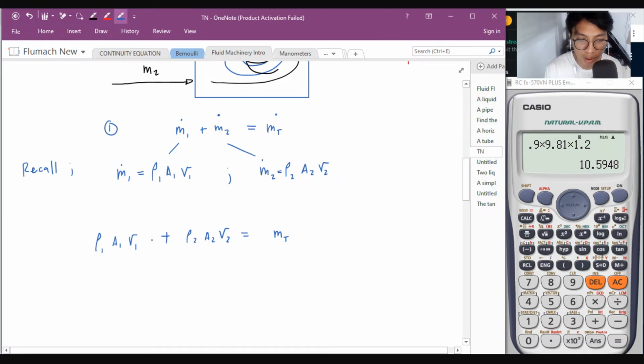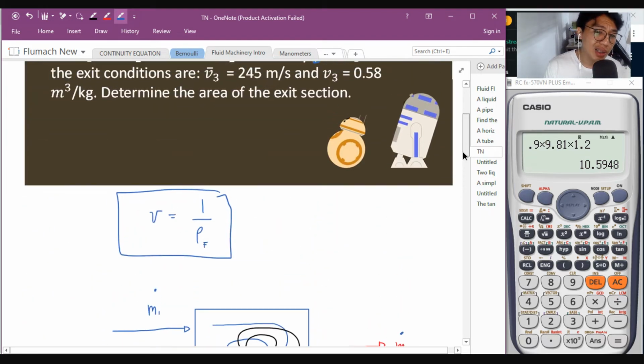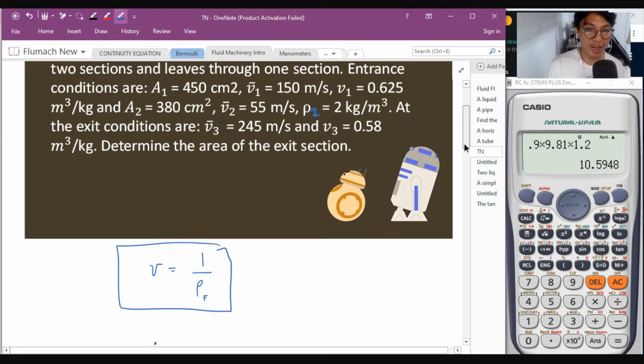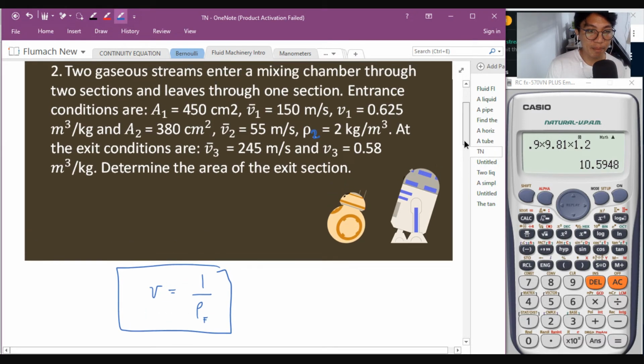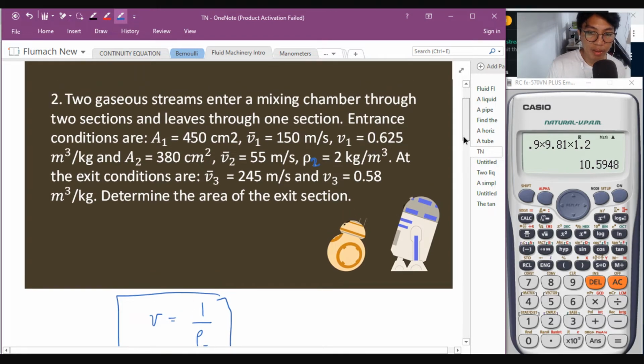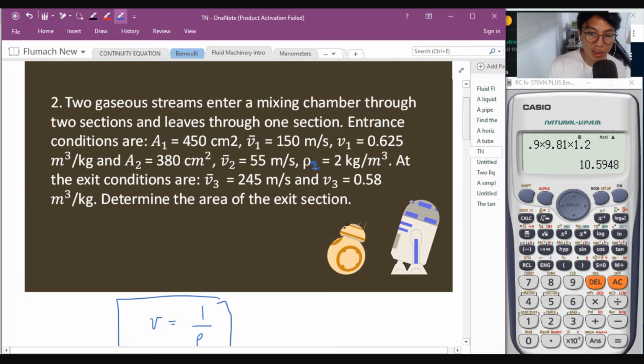For M1, okay? This for M1, this for M2. The problem there is, wala tayong density 2. As what I've said, density is the reciprocal of your specific volume. Ayan. Okay? So, nagbigay dyan ng conditions ng density 2.